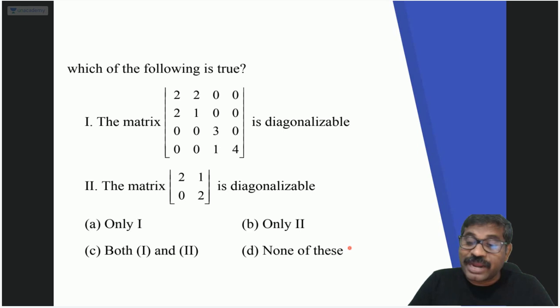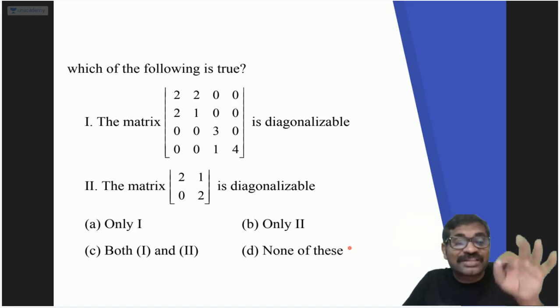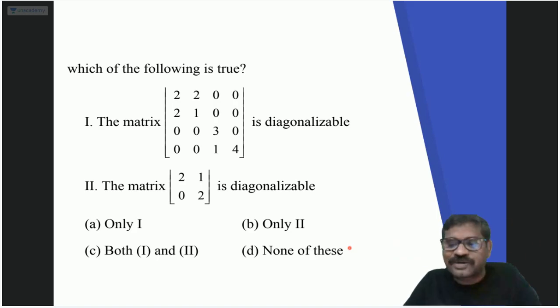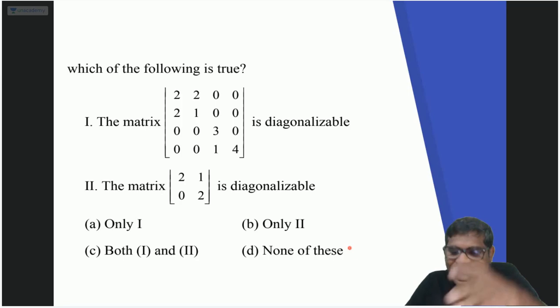If AM and GM of each eigenvalue coincide, then that matrix is diagonalizable. So your job is to check whether this matrix is diagonalizable or not. They never asked you to diagonalize this matrix. They have asked whether this matrix is diagonalizable or not. You have to test.